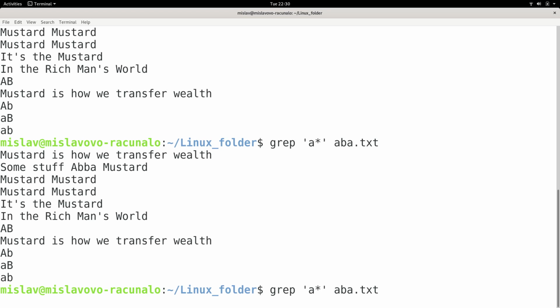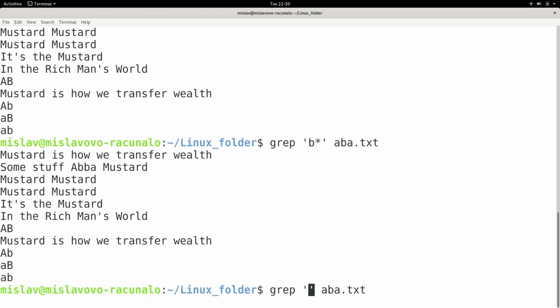In the same way, if I write B star, it's going to match every line, even though not every line has a B in it, because this means match the lines that have a B character 0 or more times.